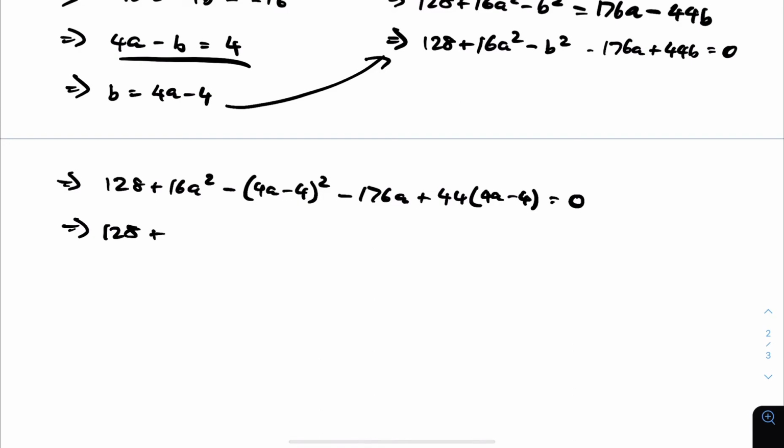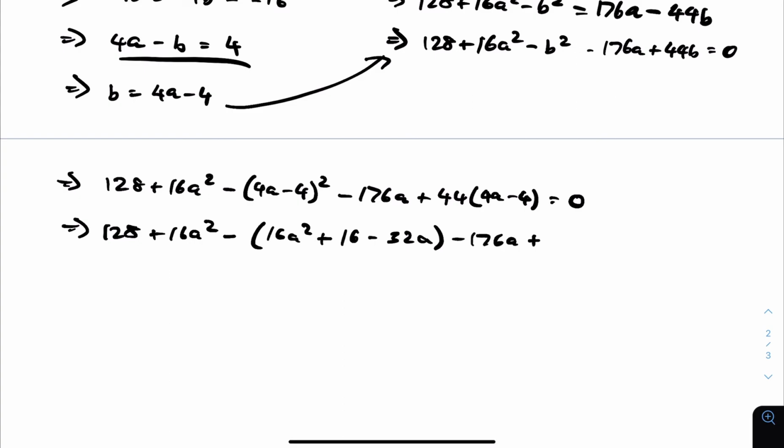128 plus 16a squared minus, and then 16a squared plus 16 minus 32a, minus 176a plus 44 times 4a, which is 176a, minus 44 times 4, which is 176, which is equal to 0.